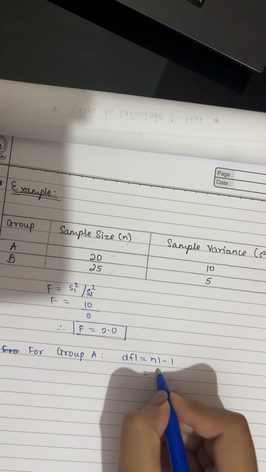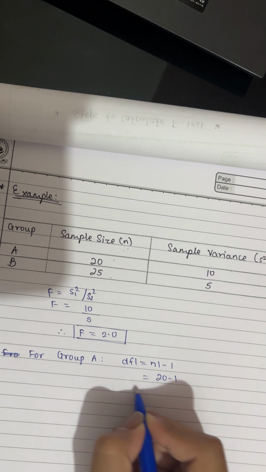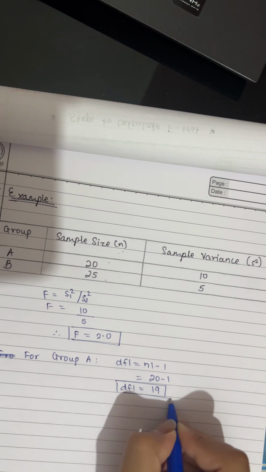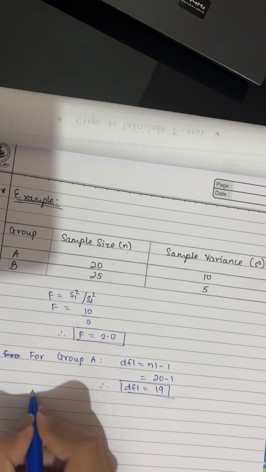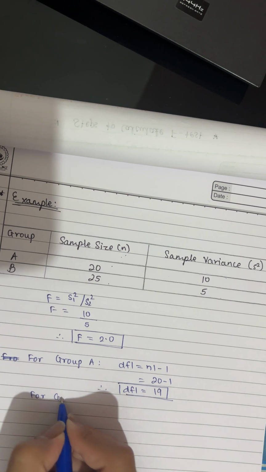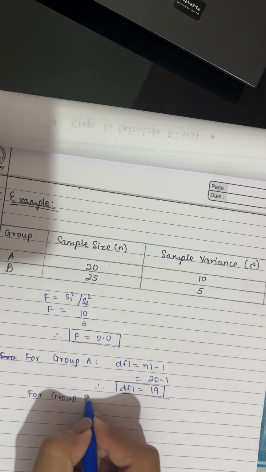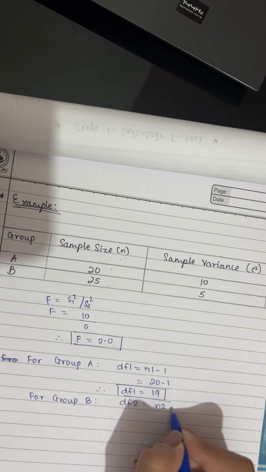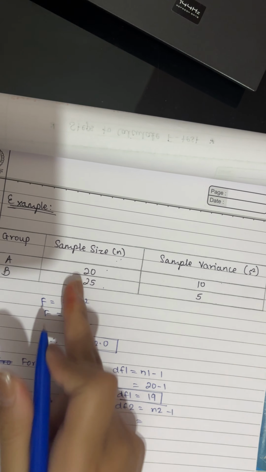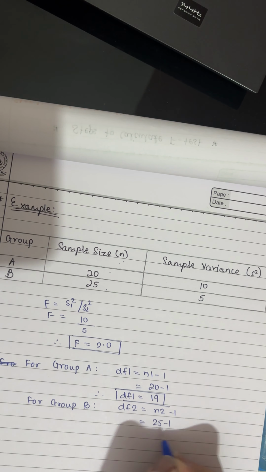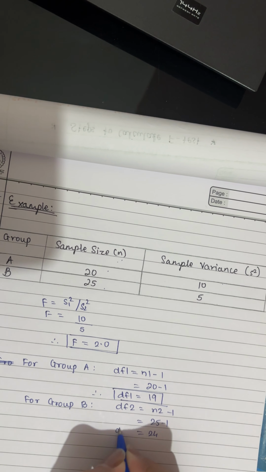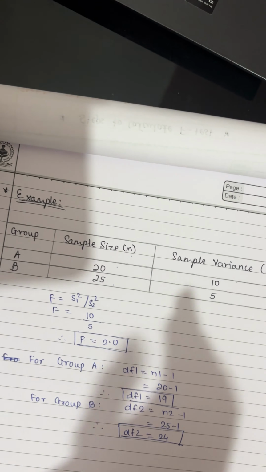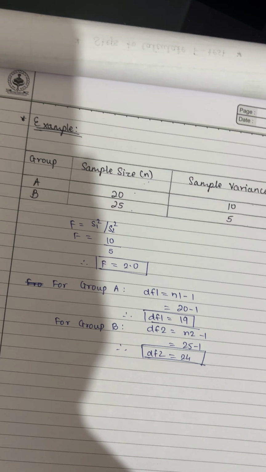For n1 we do 20 minus 1, which gives 19. The same for group B: df2 is equal to n2 minus 1, so 25 minus 1, where we get df2 as 24. Okay, is it clear?